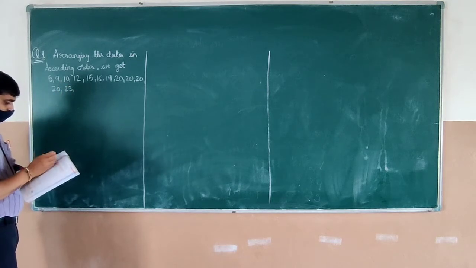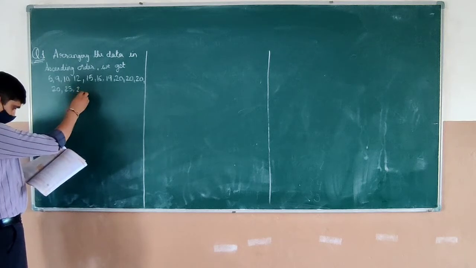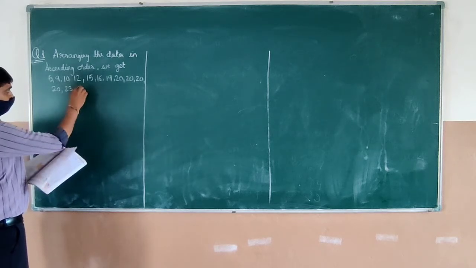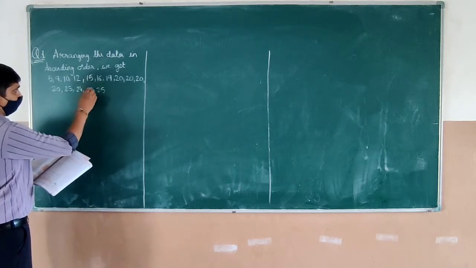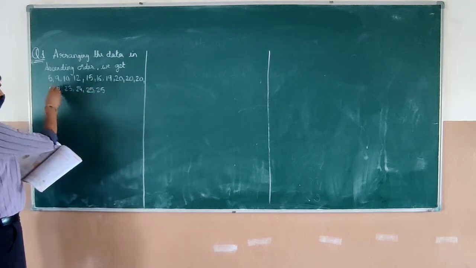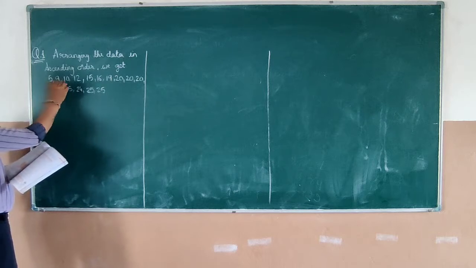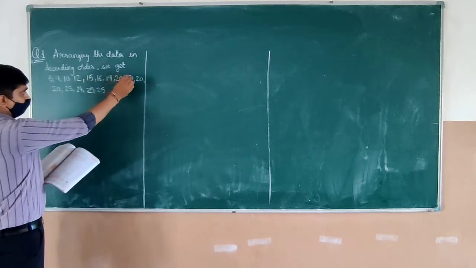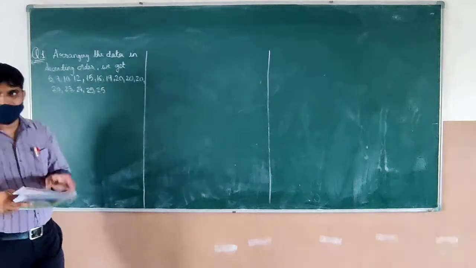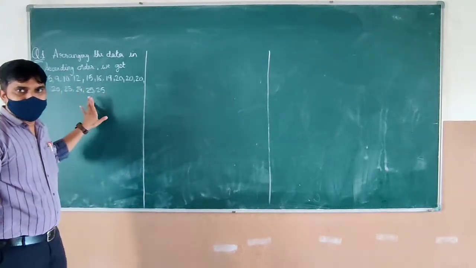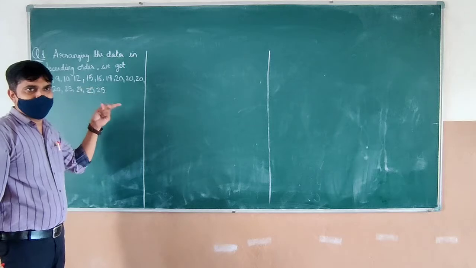Then 24, then 25, 2 times. Now count the numbers. Is it 15? 1, 2, 3, 4, 5, 6, 7, 8, 9, 10, 11, 12, 13, 14, 15.